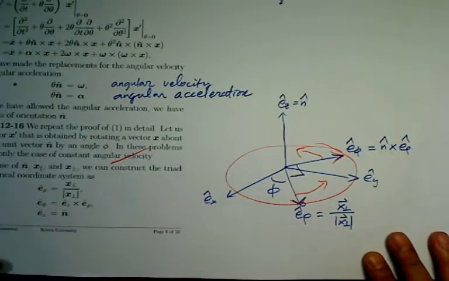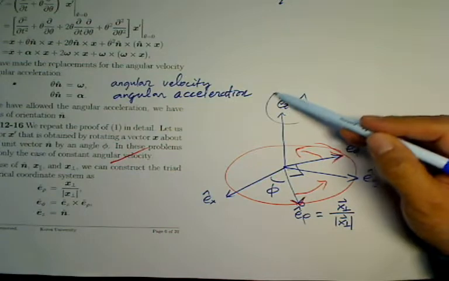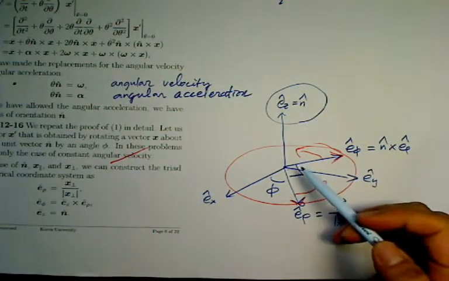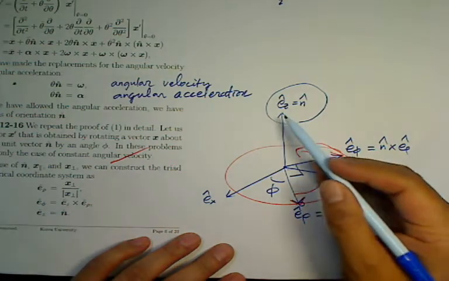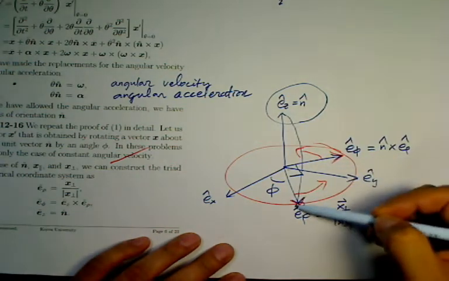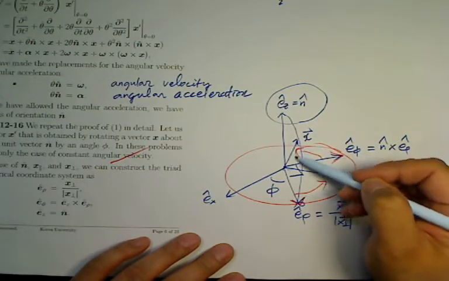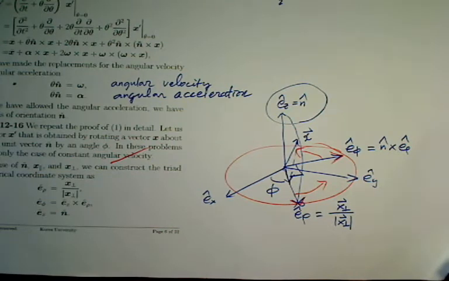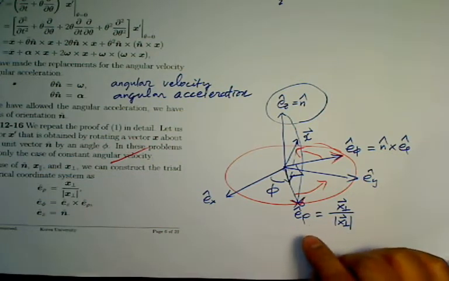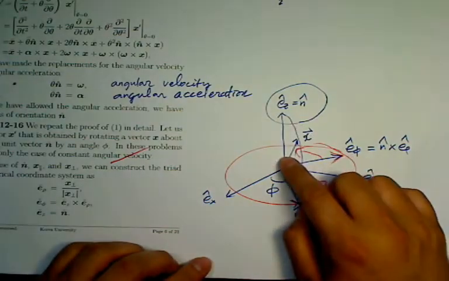So as a result, we have an axis of rotation, and x perpendicular, that means on this plane we have some x, and the perpendicular component will be along this direction, and x perpendicular will be perpendicular to the z-axis.